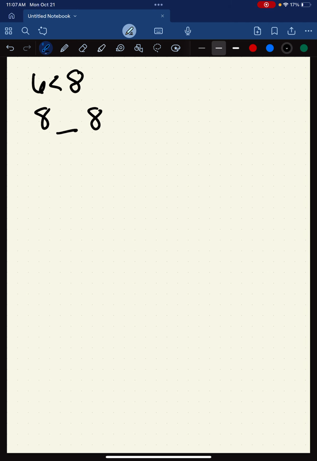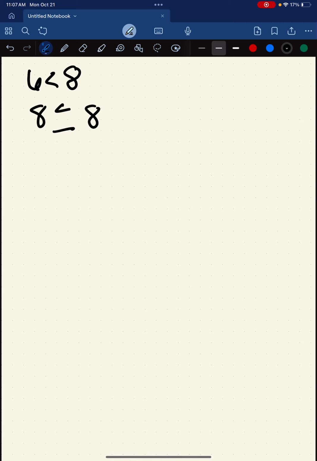And finally, we have ways to make this also possibly include equality. So it's not strictly less than. For example, 6 is strictly less than 8. But if we want something that allows us to have equality, maybe we want to say 8 is something compared to 8, we use less than or equal to.